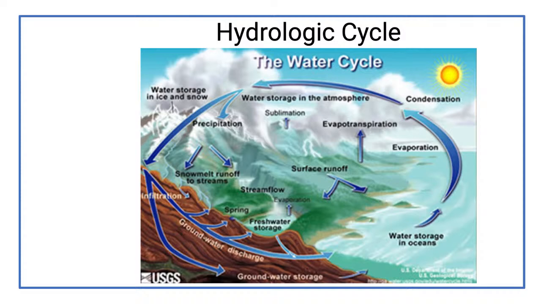When you get out in California or mountainous areas, the snowpack becomes very important to getting that surface runoff, but also groundwater recharge. But in most places, the precipitation is going to replenish the surface streams and the groundwater.